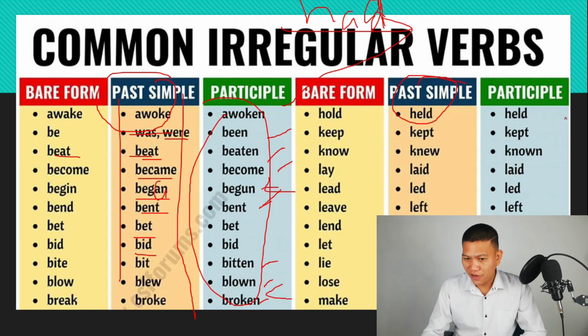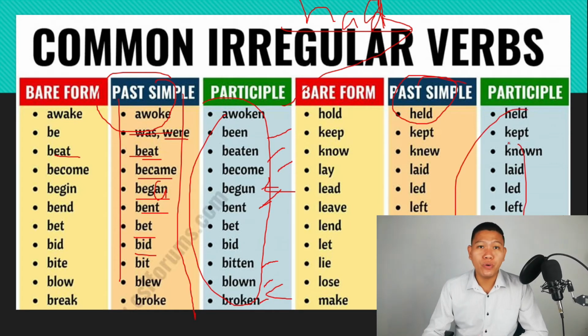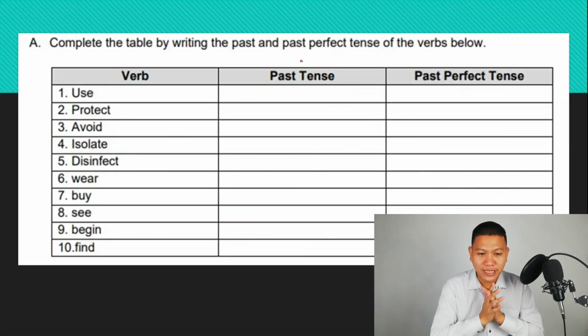Okay? And then we have this one. You can pause the video and remember these sets of irregular verbs. Again, these are just common irregular and common regular verbs. You can surf the internet or look for your previous grammar books and check on the different forms of the verb. Okay? Now let us have our activities.